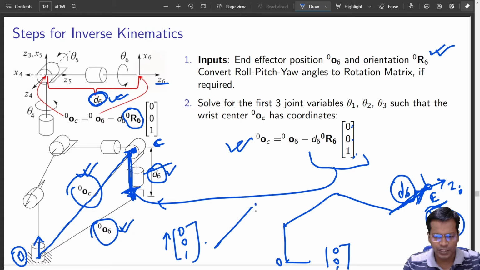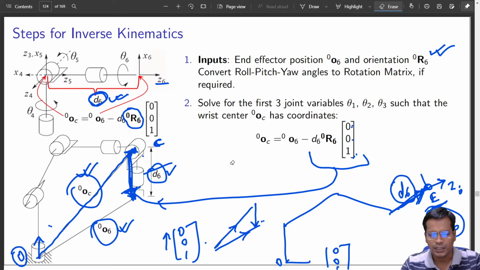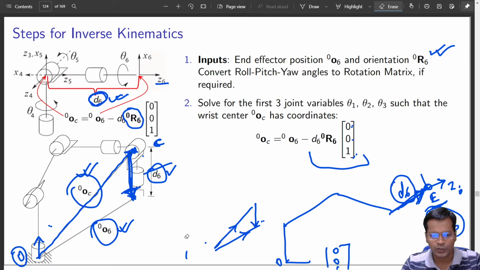Effectively this plus this should be equal to this. Now that I know this, and this is in the negative direction, this can be calculated. That is what is done over here. So solving for this, I quickly got the wrist center point location.